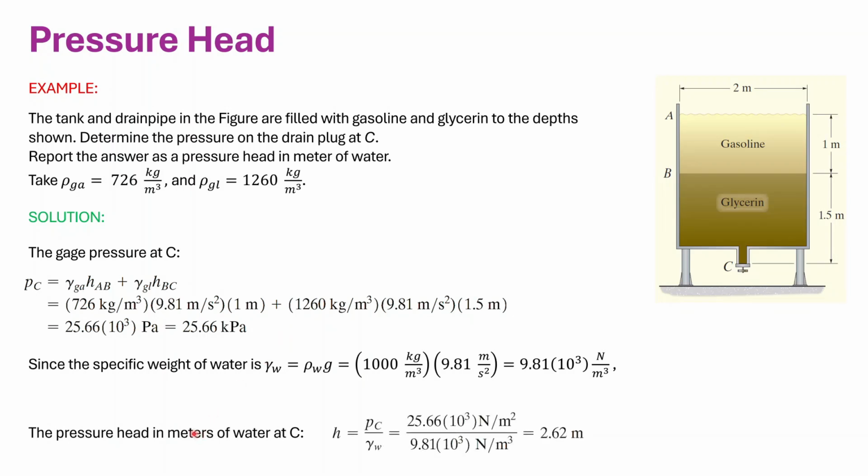The pressure head in meters of water equals, based on that formula from the last slide, H equals P at C divided by gamma of W, in which gamma of W is rho of W times G. Rho of W is 1000 kilograms per meter cubed, which is the density of water, times gravity, which is 9.81 meters per second squared.